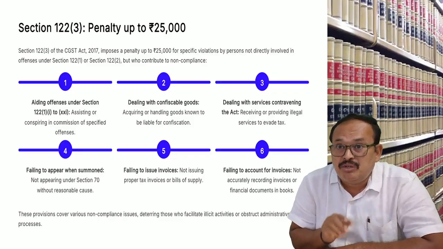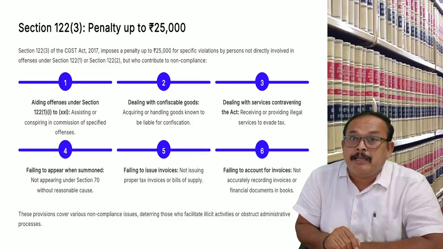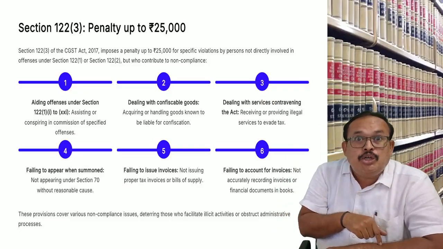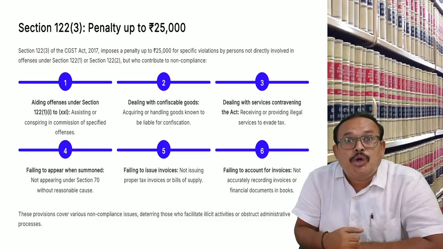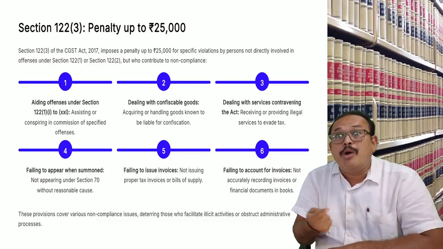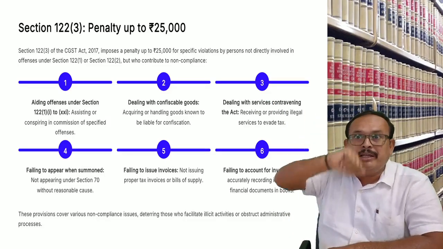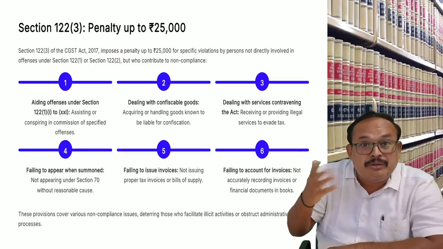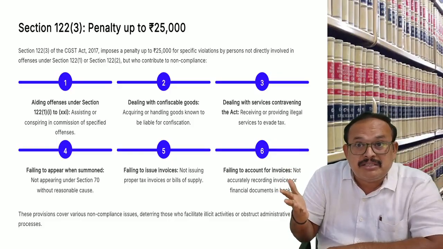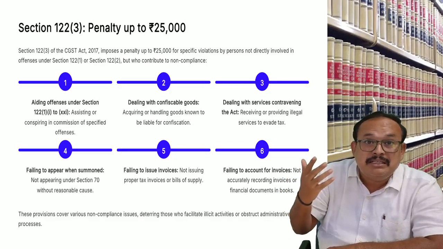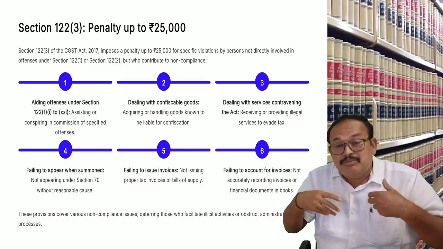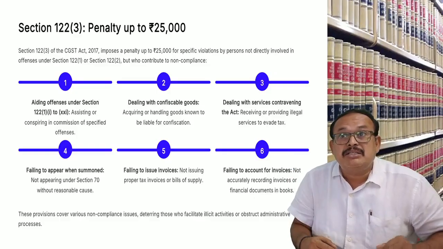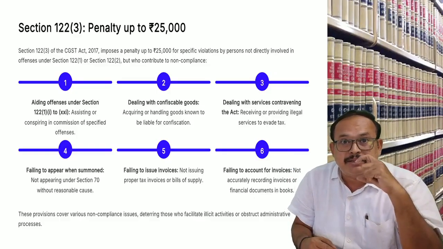Up to rupees 25,000. And if the department comes to know that this fellow is a mastermind who caused the revenue loss also, it means 122(1)(a) also applies. What is that? He issued the invoice without supply of goods or services and allowed others to avail the ITC, or he himself availed the ITC without receipt of the goods or services. That means 122(1)(a) also applies.